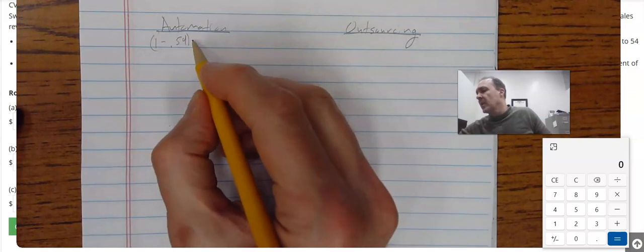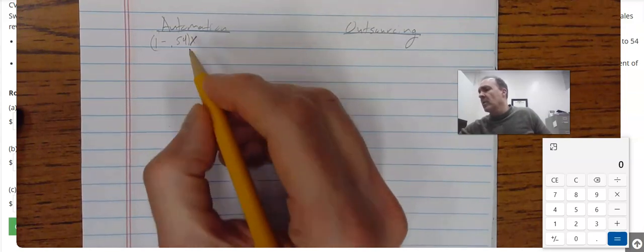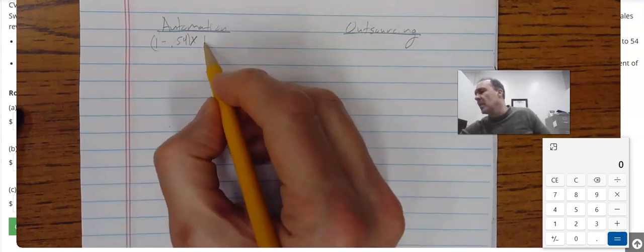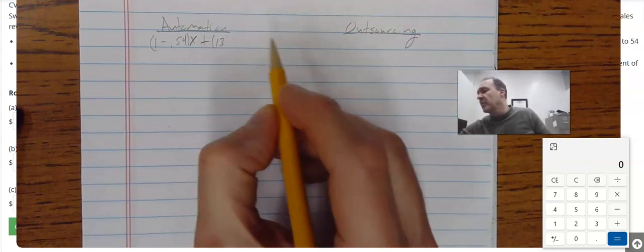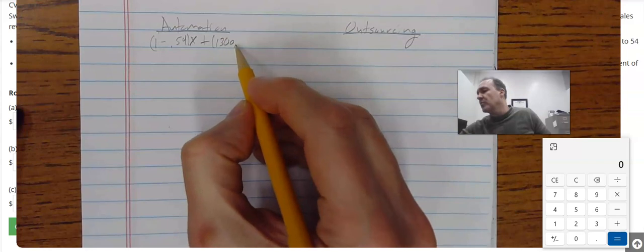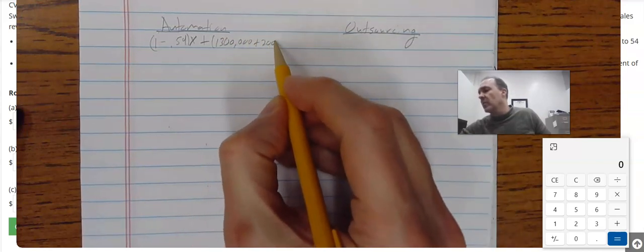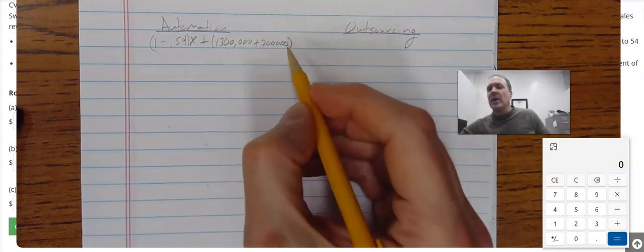That's our variable portion. We're going to be solving for X here. And we're going to add to that our original 1,300,000 plus the increase in fixed cost.